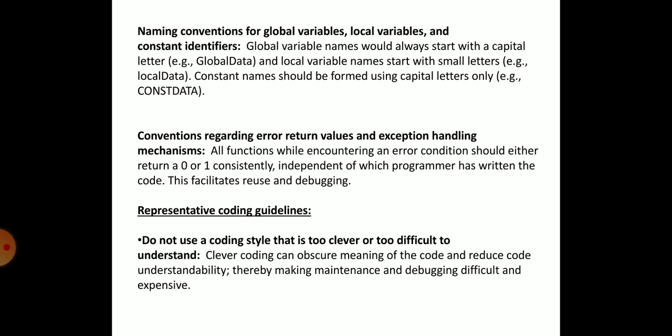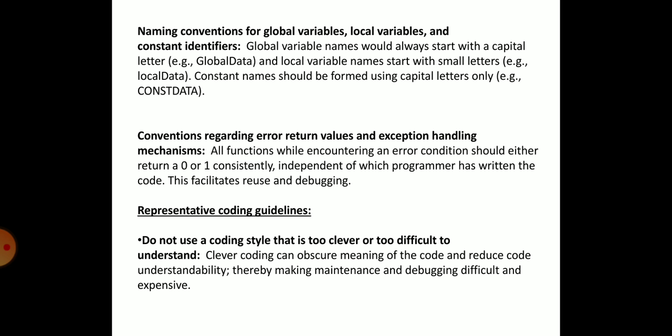And representative coding guidelines. All this we have said is about the representative coding standards. And then coming to the representative coding guidelines. Do not use a coding style that is too clever or too difficult to understand. That means coding should be easy to understand.